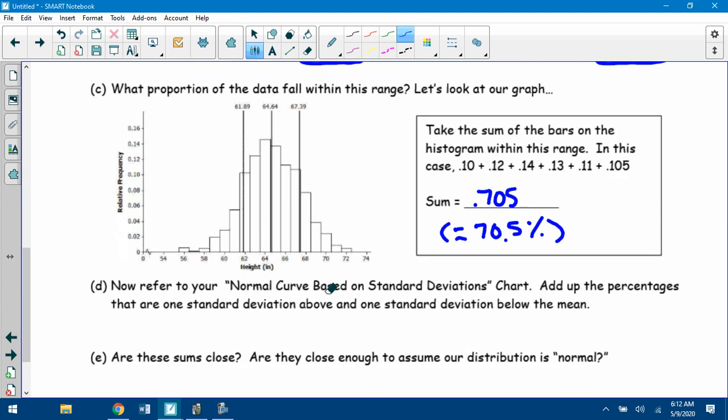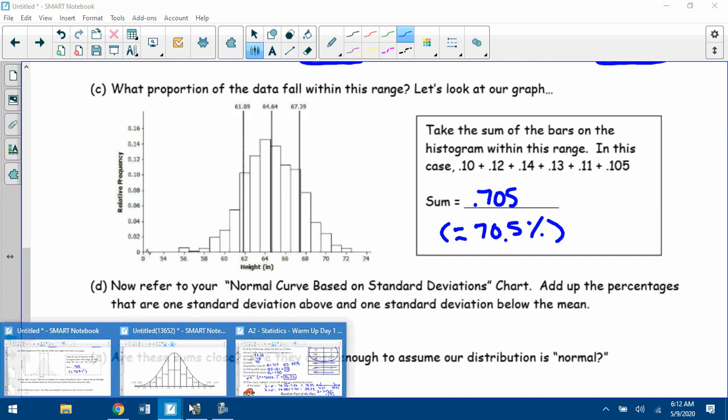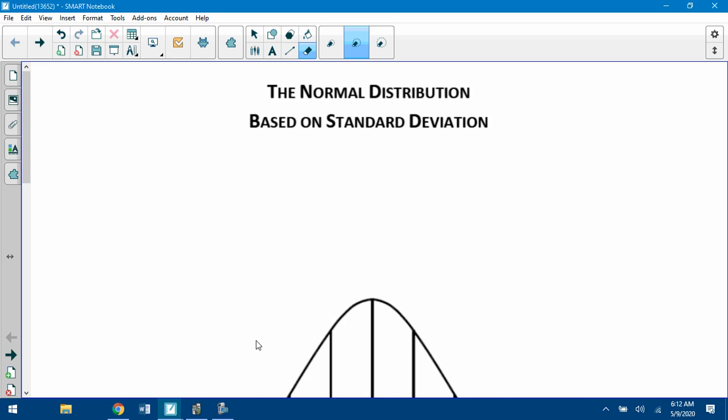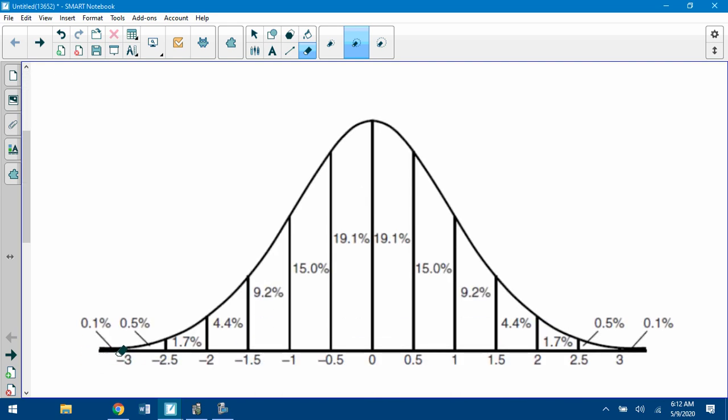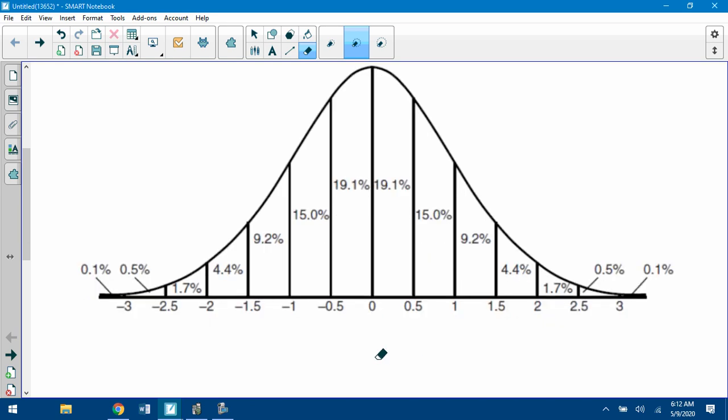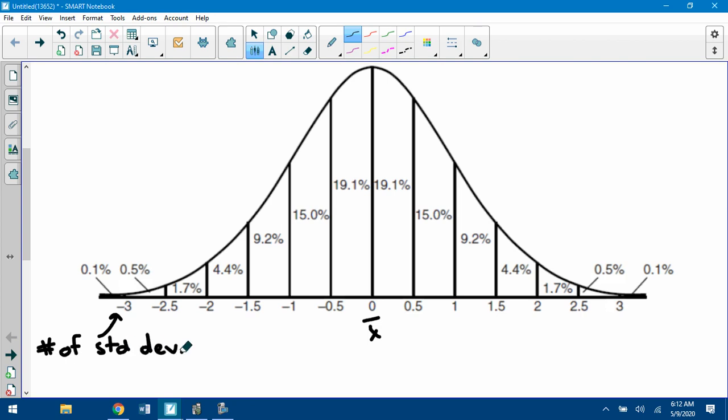It says now refer to your normal curve based on standard deviation chart and add up the percentages that are one standard deviation above and one standard deviation below. So I'm going to pull out this chart. Grab this page for a second. This is kind of a theoretical chart. If the average was 0, the middle is always x bar, and all of these things over here represent the number of standard deviations away from the mean.